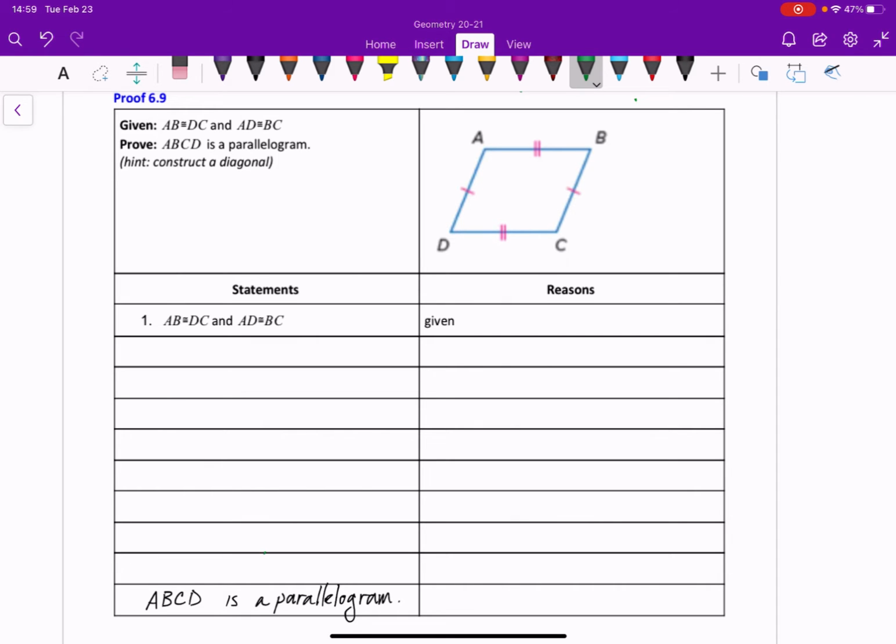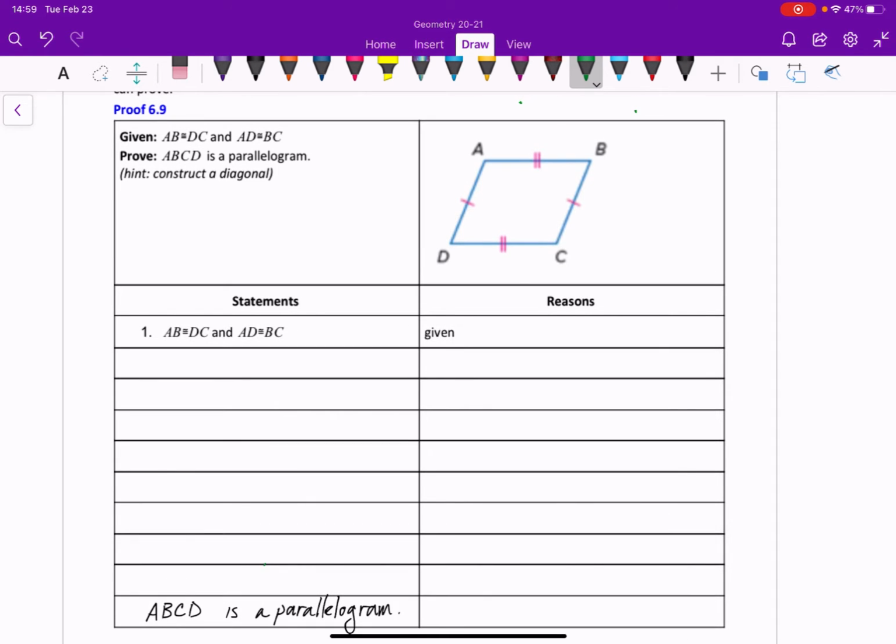So right now, the only thing we have to work with is the definition of a parallelogram. It's a parallelogram if we can show that AD is parallel to BC, and that AB is parallel to DC.